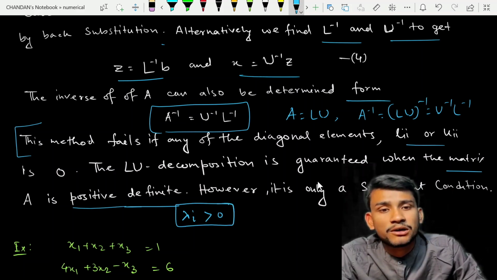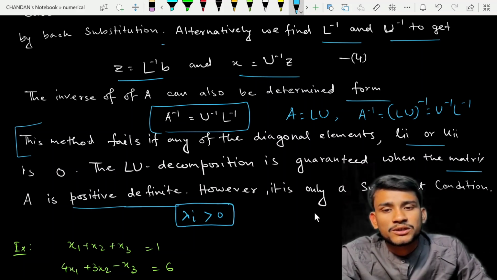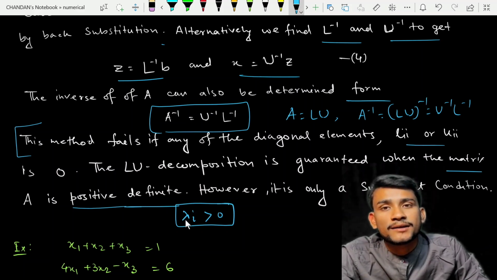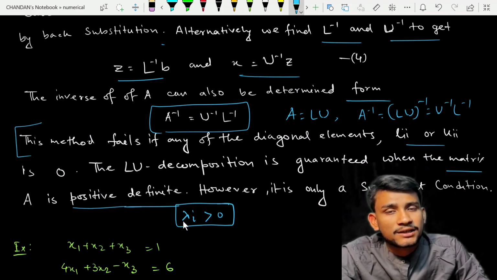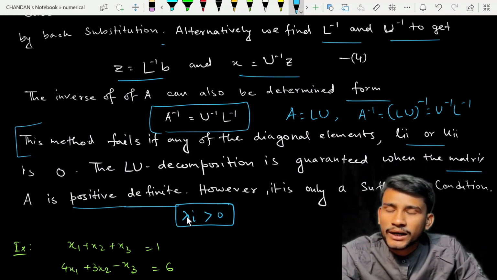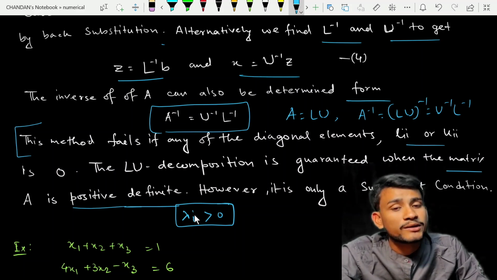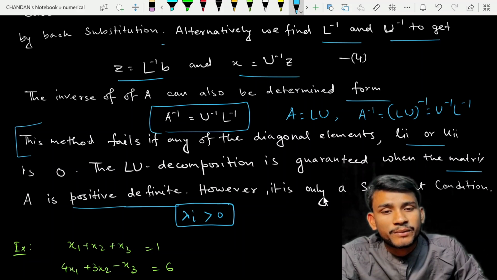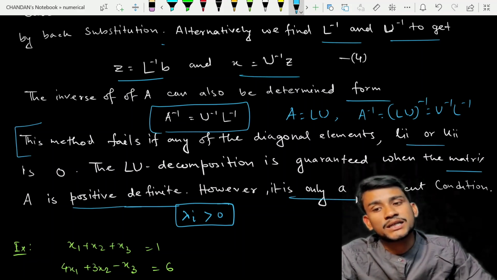So if the matrix is positive definite, then we definitely can decompose the matrix A into L and U, one lower triangular matrix and one upper triangular matrix, to solve the system. Remember that this is only a sufficient condition.